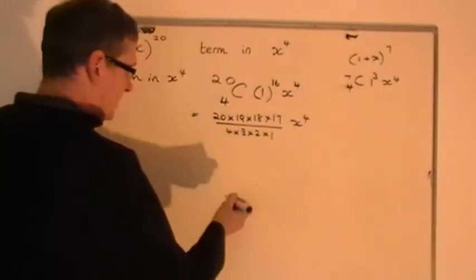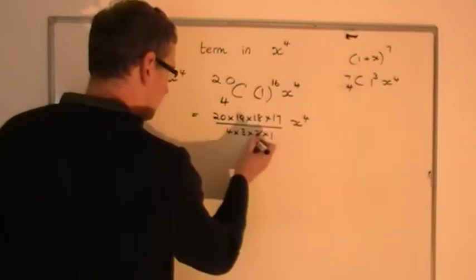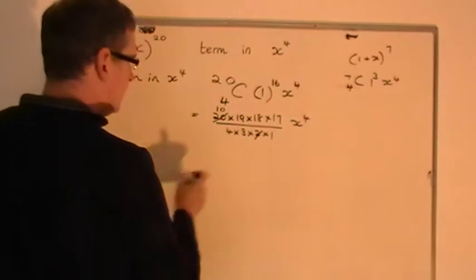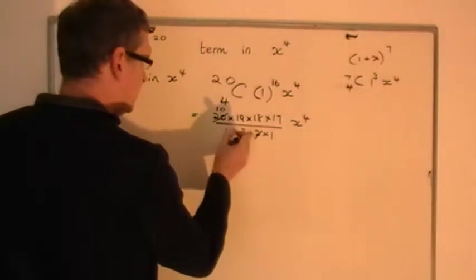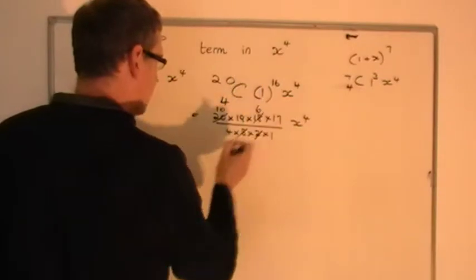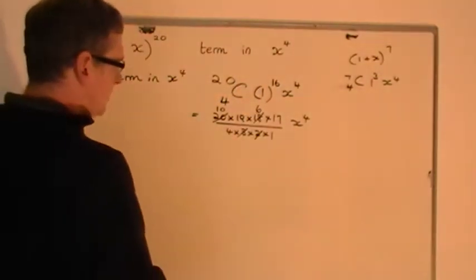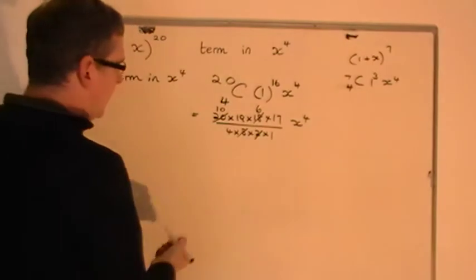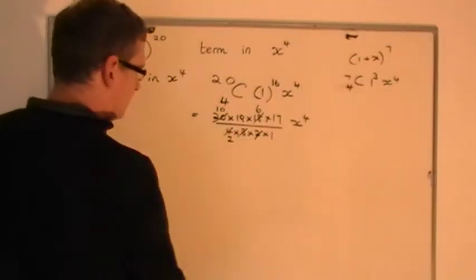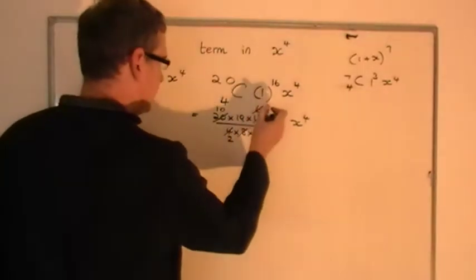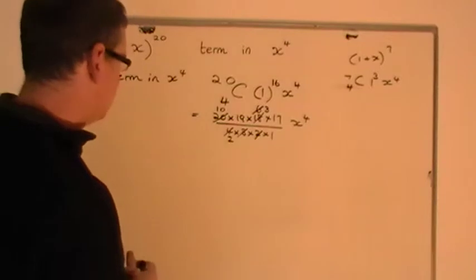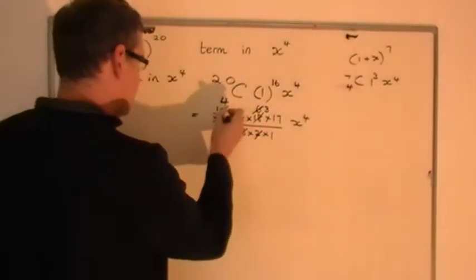So a little bit of cancelling perhaps. 2 into 20 goes 10 times, and then 3 goes into 18 goes 6 times. And then, let's cancel again, 2 into 4 goes twice, and 2 into 6 goes 3 times, like so. And then we've got 2 goes into 10 5 times.